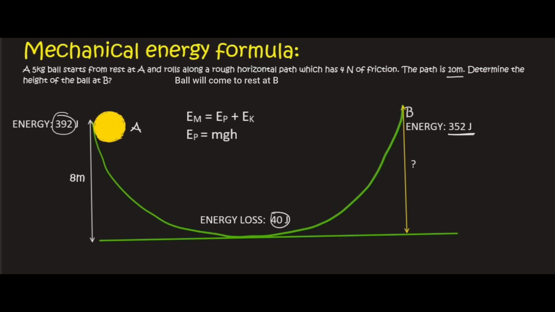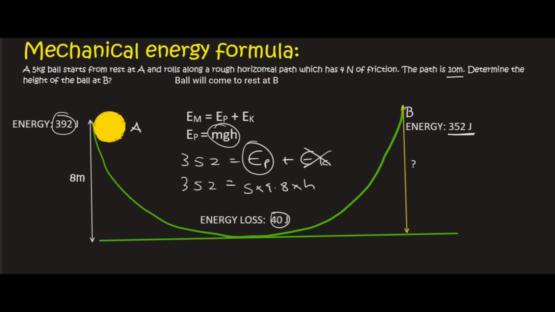At its highest point, it won't have any kinetic energy, and so if we look at its mechanical energy, we know that it should equal 352, and that's equal to its potential energy plus its kinetic. But there is no kinetic, and so it's only potential. And so we can say 352 is equal to mgh, which is 5 times 9.8 times height. And so you can then go calculate the height, and the height that it would reach is 7.18 meters.